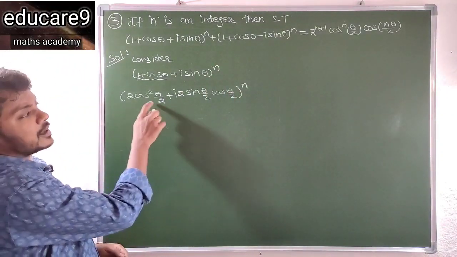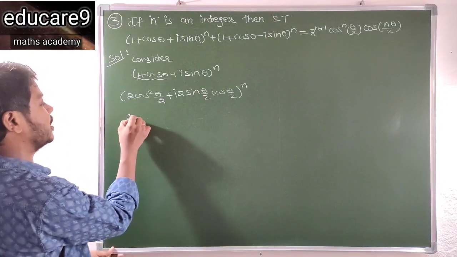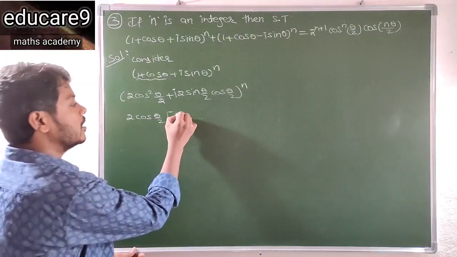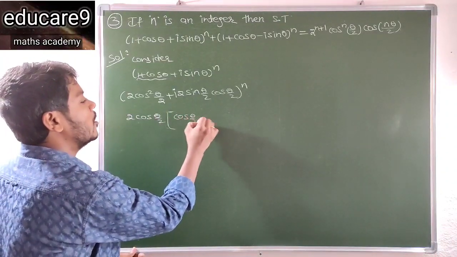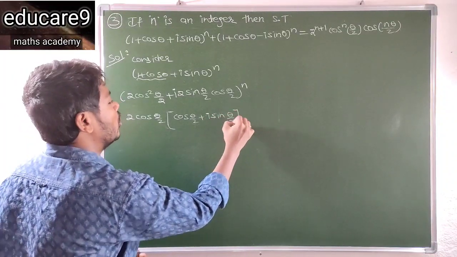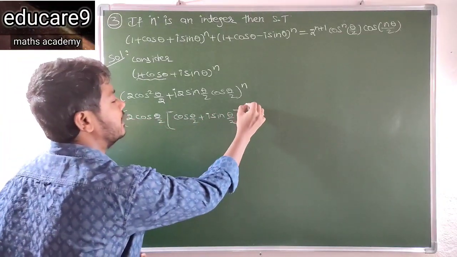So clearly in both terms 2 cos theta by 2 is common. So you will get (cos theta by 2 plus i sin theta by 2) whole to the power of n.